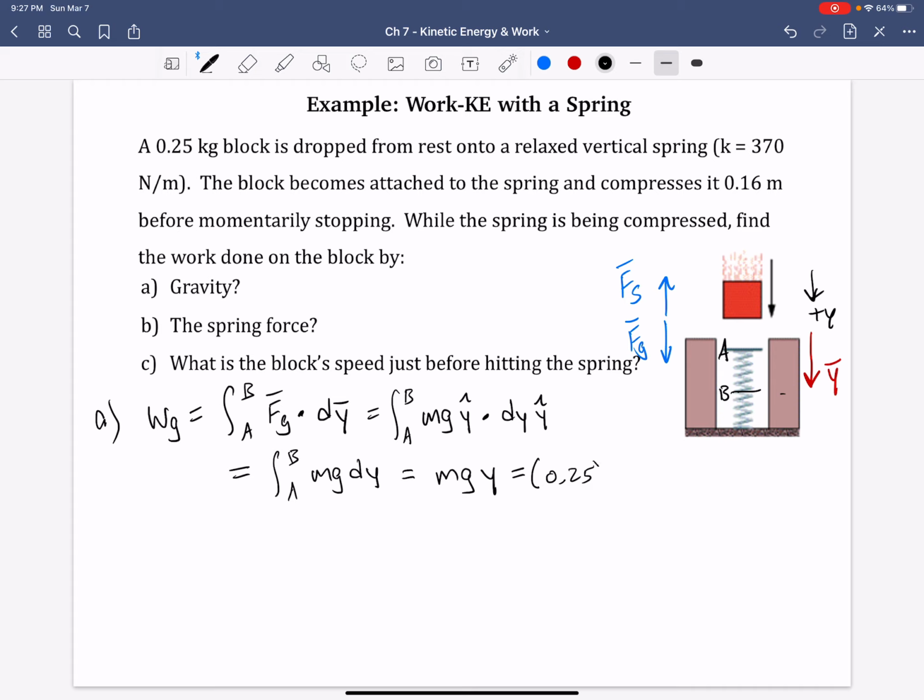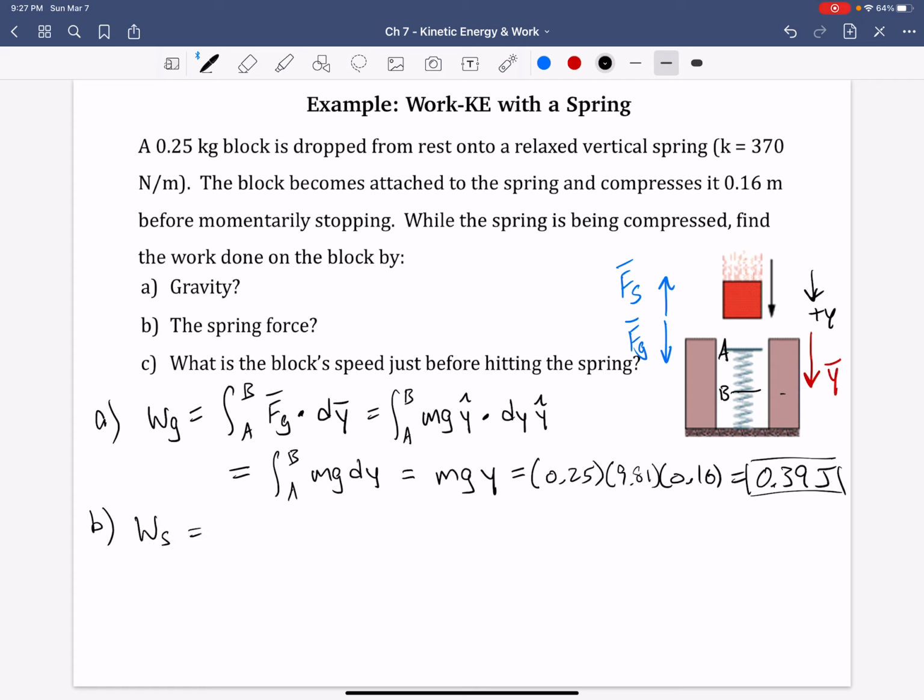Mass of 0.25, g of 9.81, and 0.16. We should get a value of 0.39 joules. Again, a positive value. Gravity does positive work.